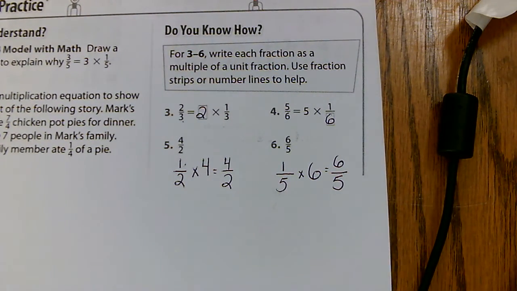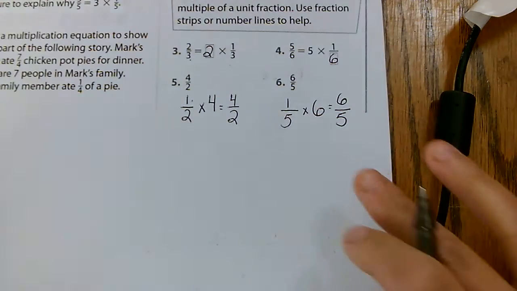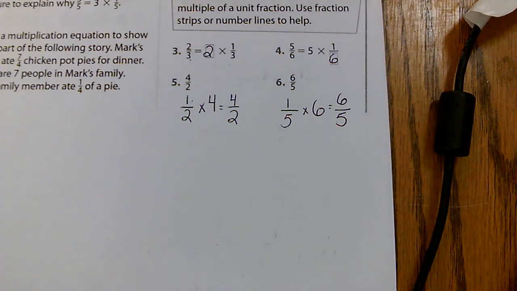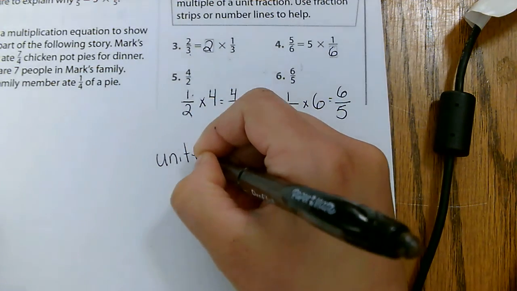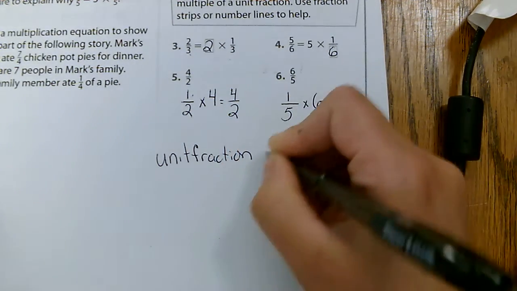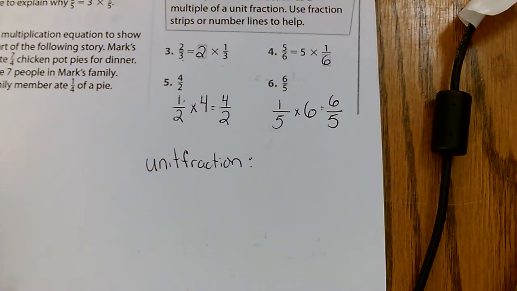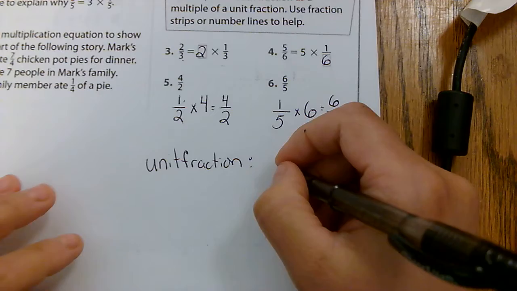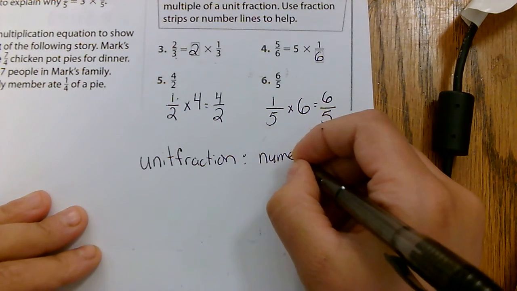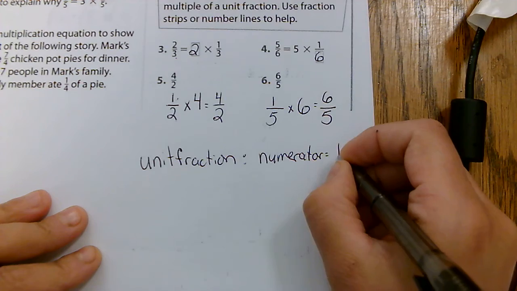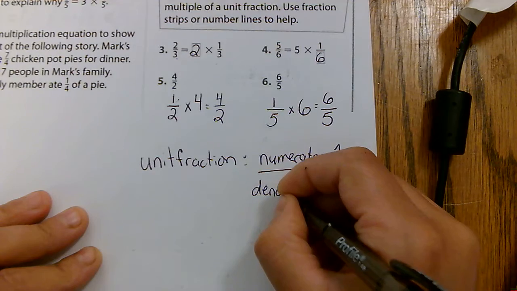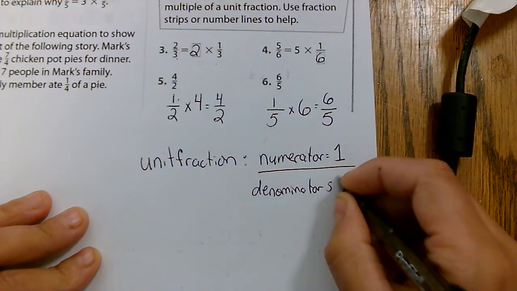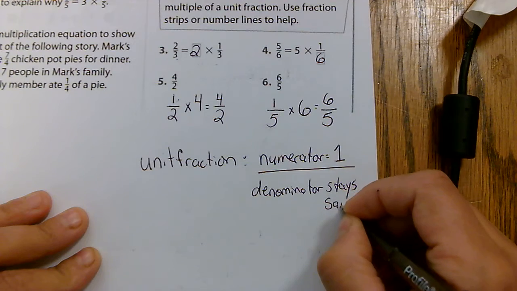Okay? So whenever you're trying to identify your unit fraction, actually, let me write this down here. You guys don't have this blank space. If you have space off in the margin, you can write it there. The only reason I have this much space is because I'm working off of a piece of paper, not my book. I have to go get my book from school. All right, so unit fraction. The numerator always equals 1. And the denominator stays the same.